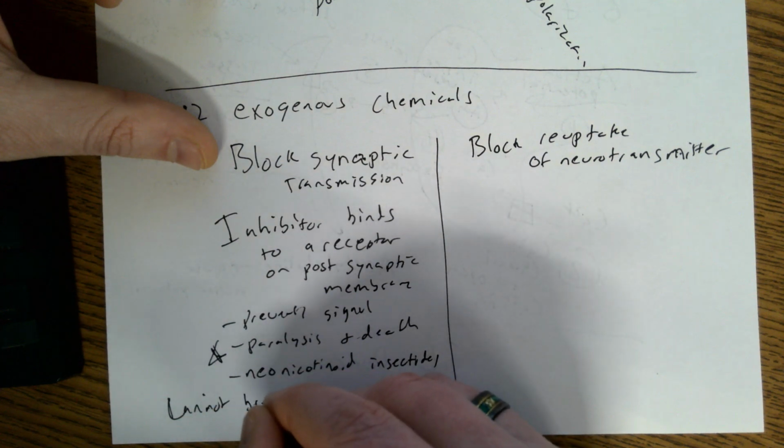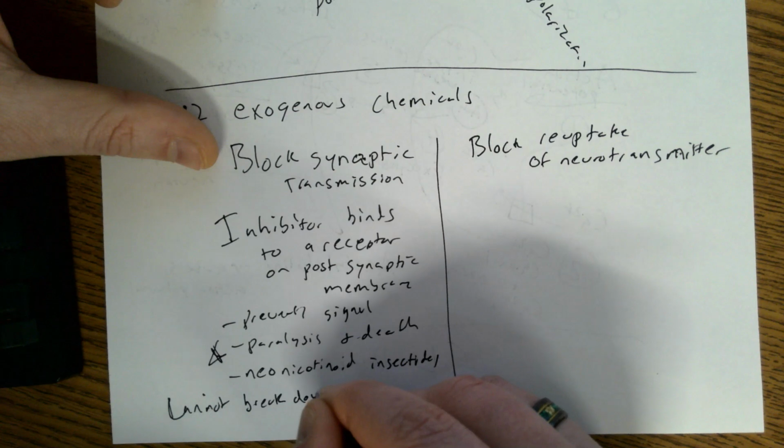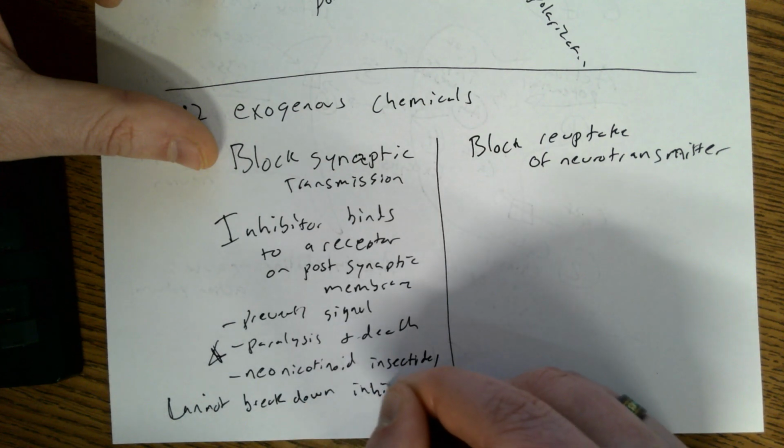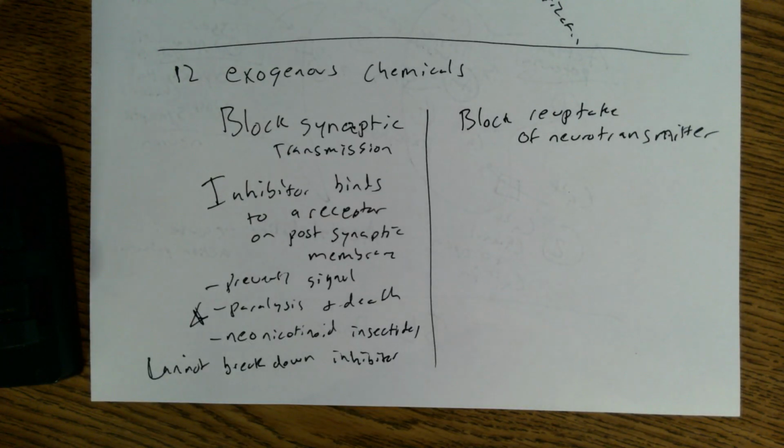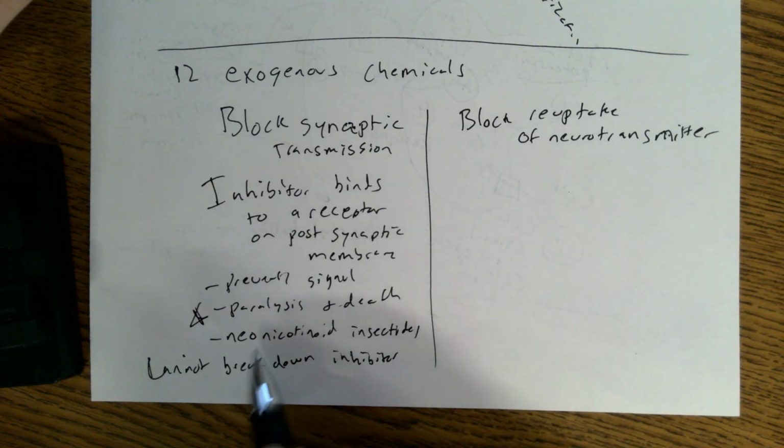For your normal neurotransmitters, you break them down and then send them back to be reuptaked on the other side. Acetylcholine is broken apart into acetate and choline, and then you send it back to the other side. This allows you to stop the signal as well as send it back so it diffuses against the gradient. But in this one you cannot break it down because it's not acetylcholine, it's neonicotinoids.